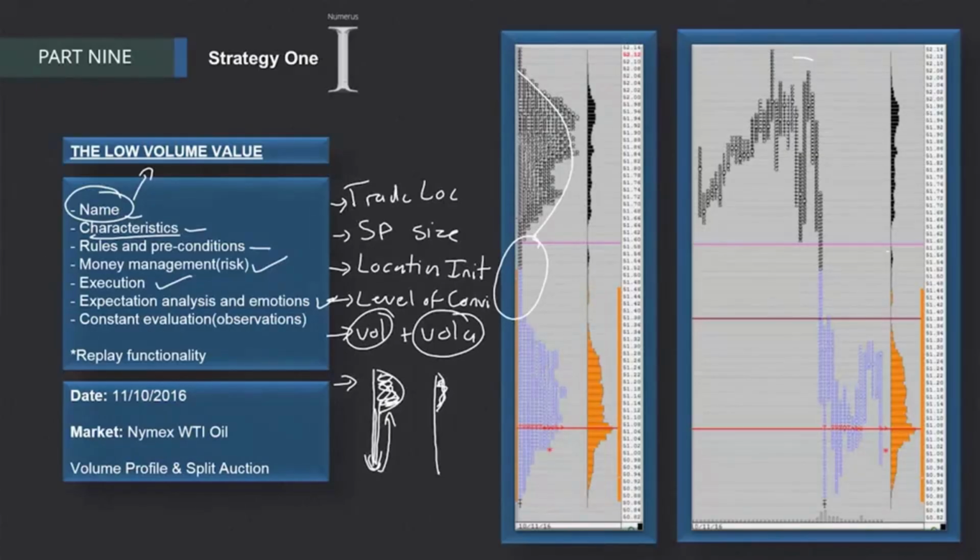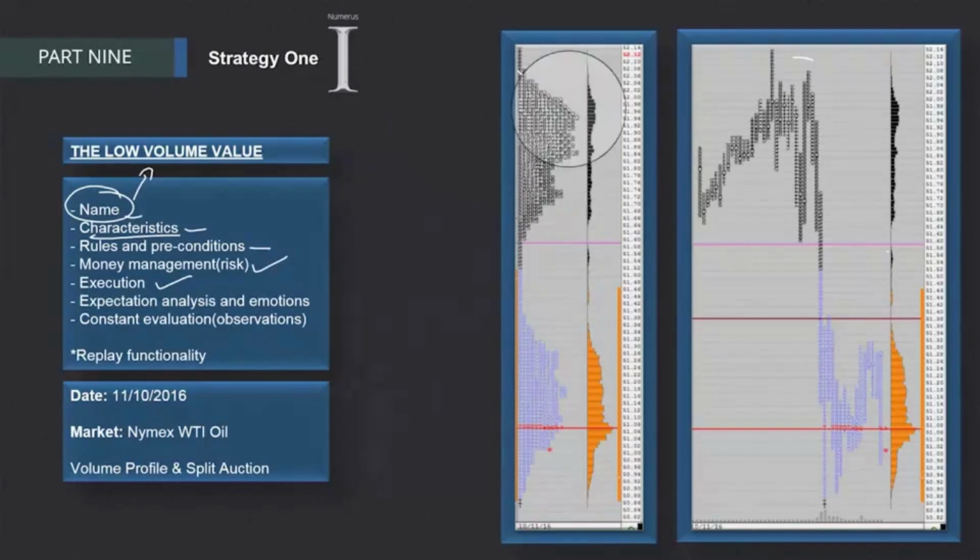Then it's important to understand the rules and preconditions that we would like to see before taking this play. I'm going to go through them very briefly on the chart, but first and foremost, we want to see single prints or a low volume area. We want to see volatility plus volume, and thirdly, at least 100% expansion.